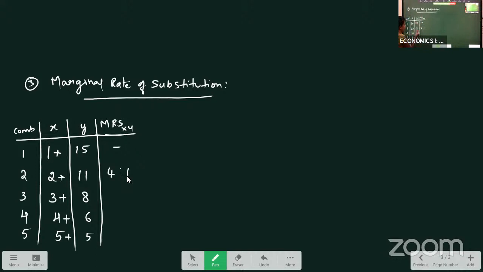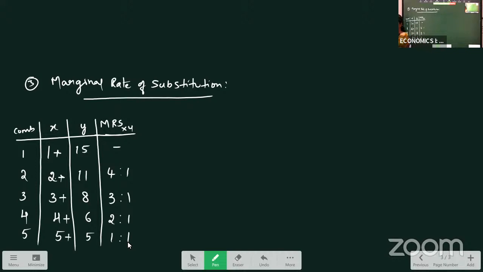Next, 11 to 8. How many Y did we reduce? 3 Y commodities are substituted by 1 X commodity. Then 2 Y commodities are substituted by 1 X commodity. This way we are doing the substitution. This concept is called marginal rate of substitution.